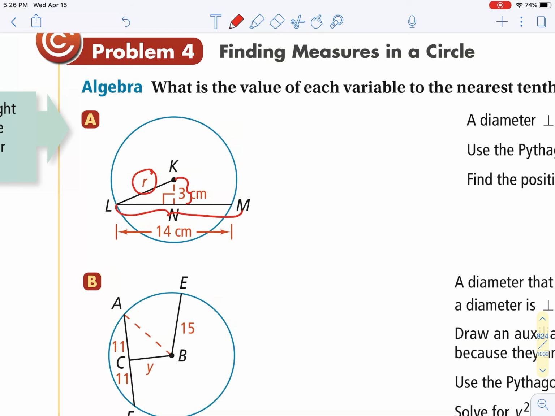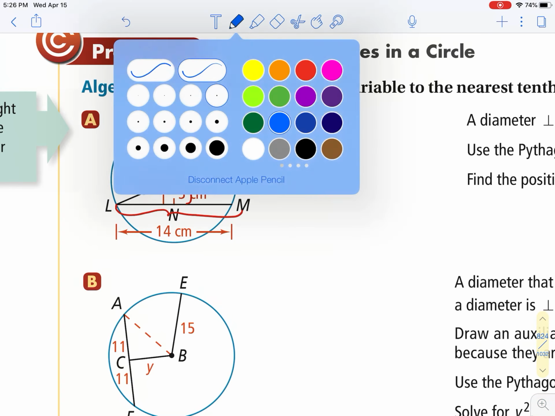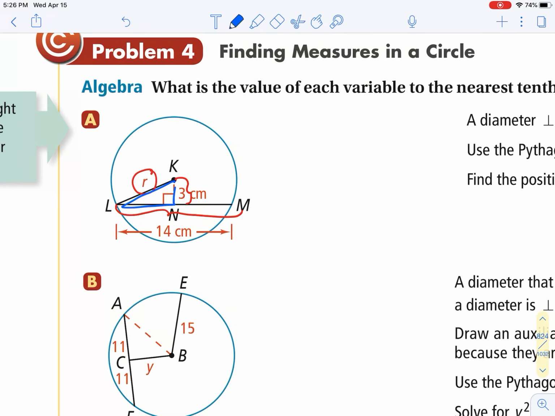Now we're basically looking at a right triangle. We'll call this guy A, that guy B, and this guy C. The deal with B, though, is that we have to recognize that B is going to be that guy right there, not the entire length across. So B is going to be 14 divided by 2, so that's 7.